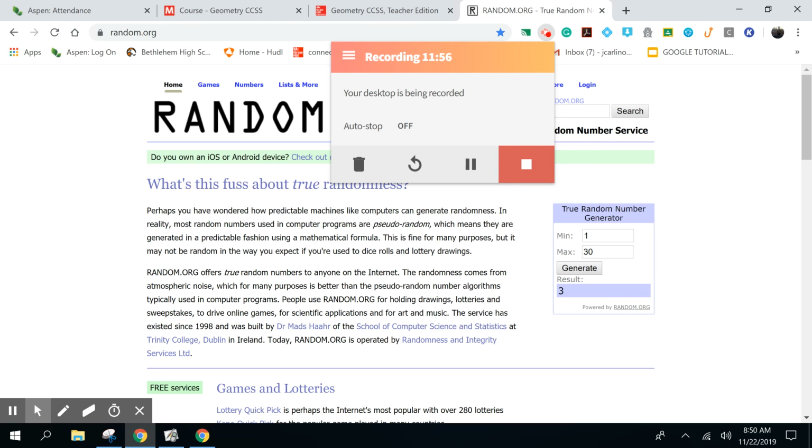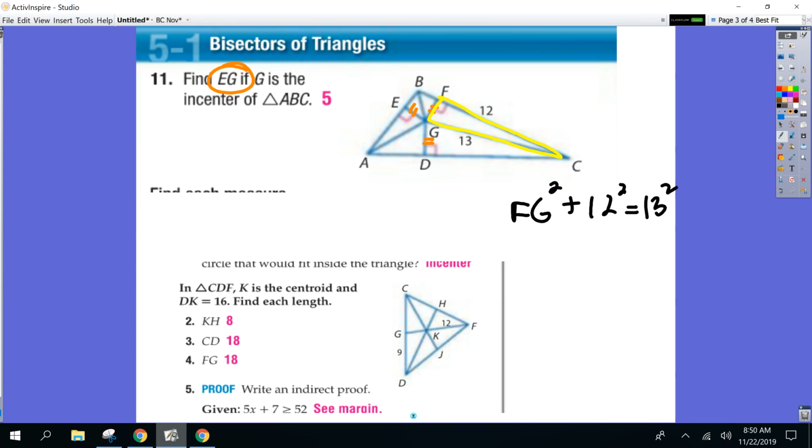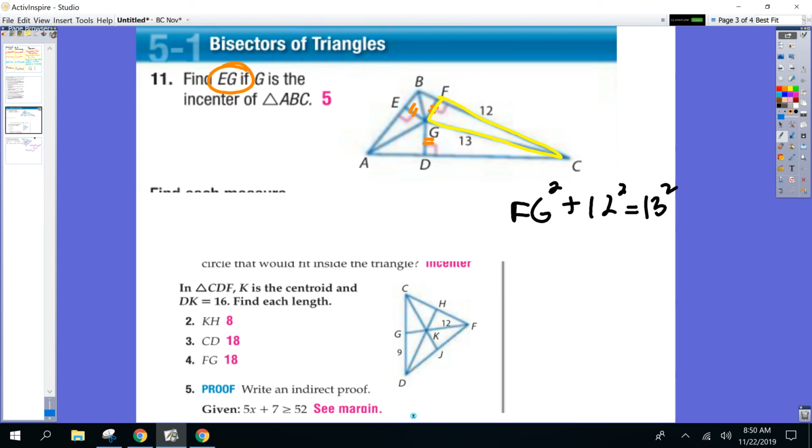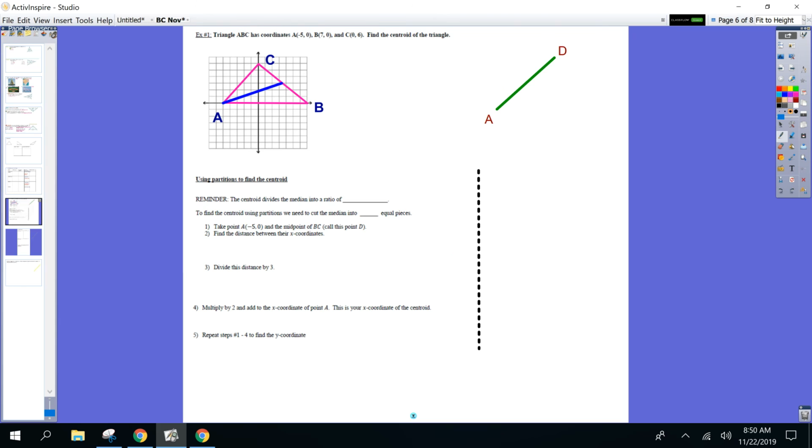If you have that triangle graphed, please find the midpoint of side BC. Only BC.